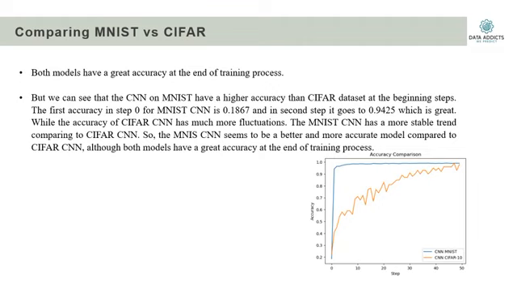And we can say that the MNIST CNN has a more stable trend compared to the CIFAR CNN. So I can say that the CNN for MNIST seems to be a better and more accurate model compared to the CIFAR CNN, although both models have a great accuracy at the end of the training process.